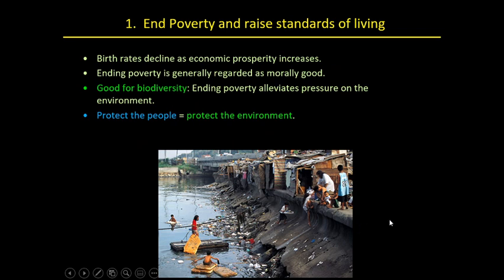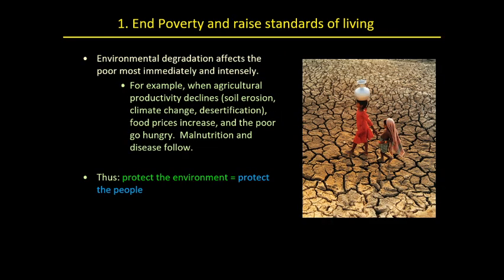So as I was just saying, ending poverty and raising standards of living is important as a solution for population growth as well as for the environment. Another way to think about the connection here is that environmental degradation affects the poor first and most intensely. That's because the world's poor are living much closer to Earth.